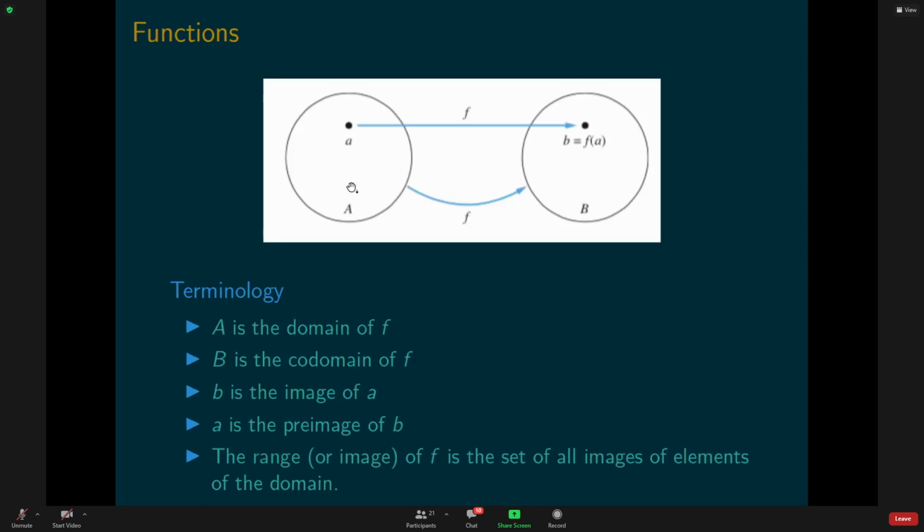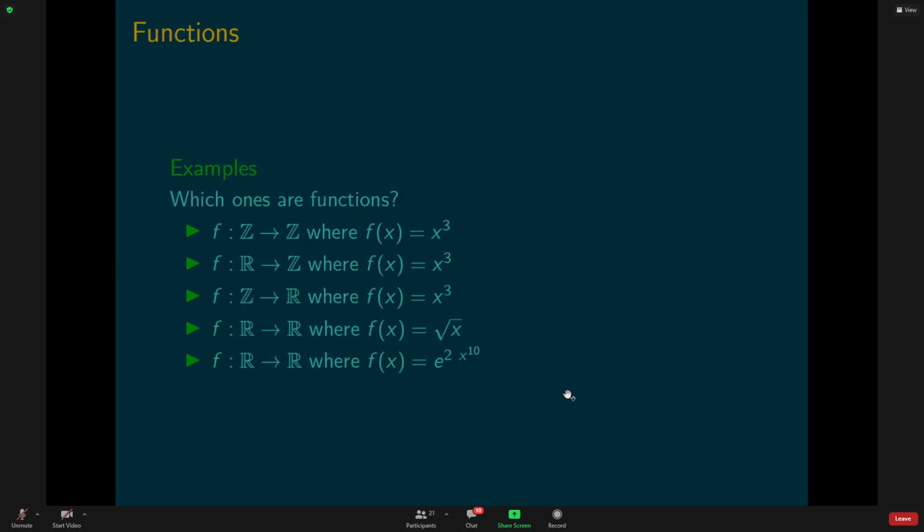A is called the domain, B is called the codomain. If we have an element a of the domain, f of a is the image and a is the pre-image. The range or image of a function is the set of all images in the codomain, which is not necessarily all of the codomain.